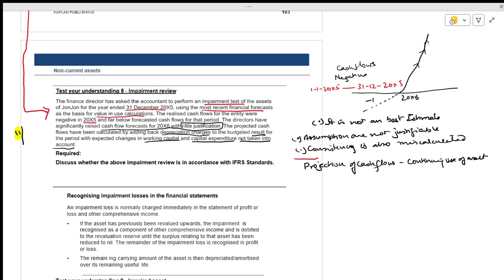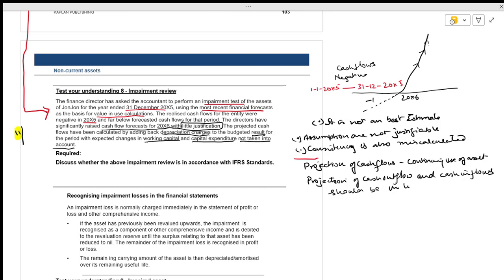Okay, next, projections of cash outflows which are necessarily incurred to generate the cash flows. Projections of cash outflows and inflows should be in line.